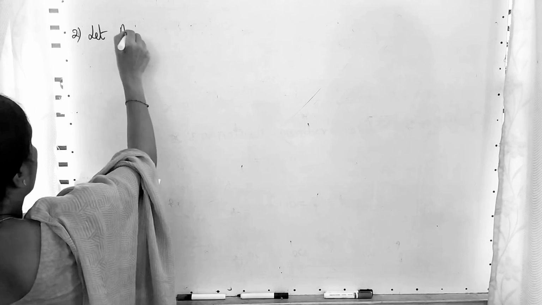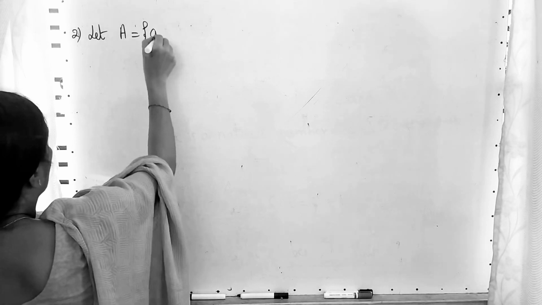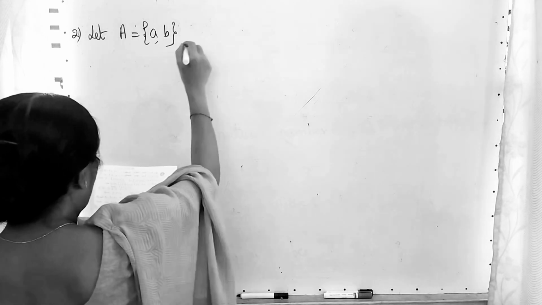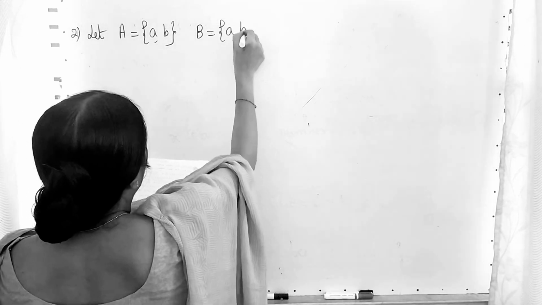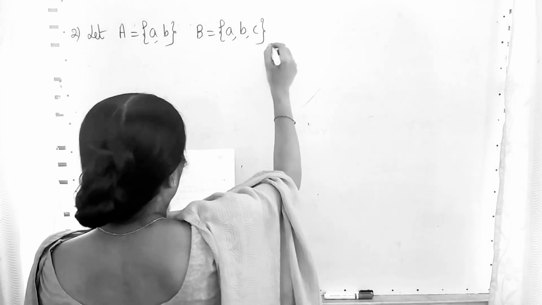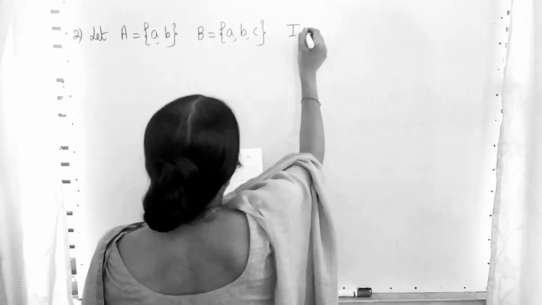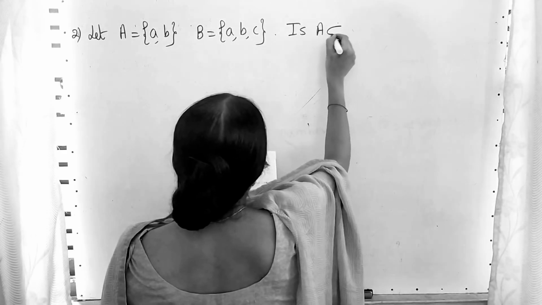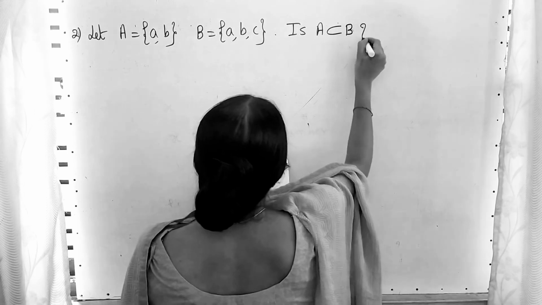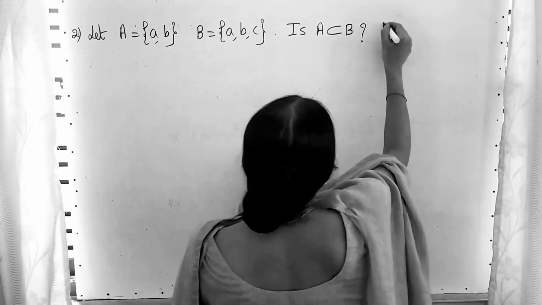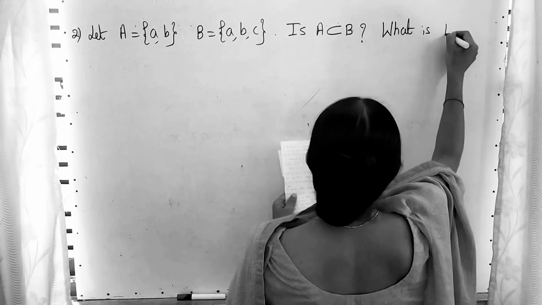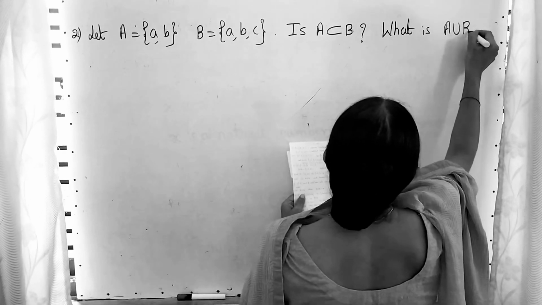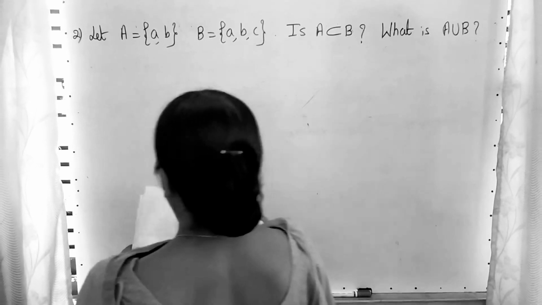Let A be equal to {a, b} and B be equal to {a, b, c}. Read the question carefully and slowly. Is A a subset of B? What is A union B?